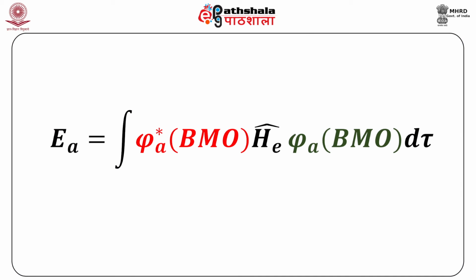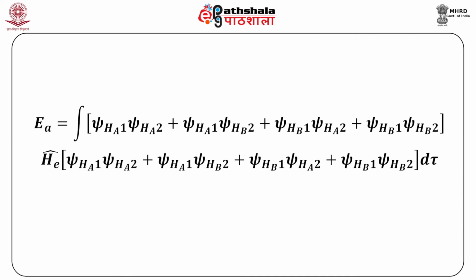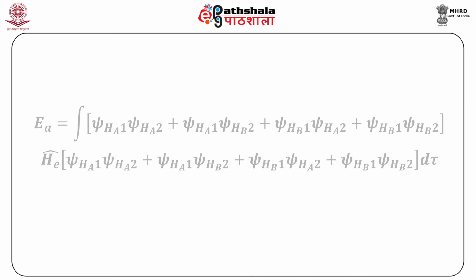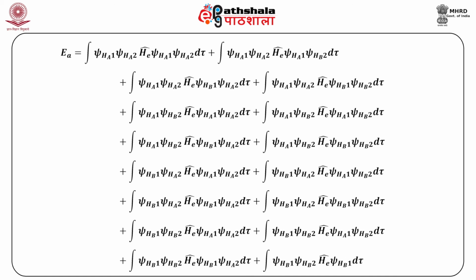And if one looks at the numerator and substitutes the values of the phi A BMO as it has been done here, you can see we have put the four terms, then the electronic Hamiltonian, then again come the four terms. And if we open them, each one separately, one gets a big expression.